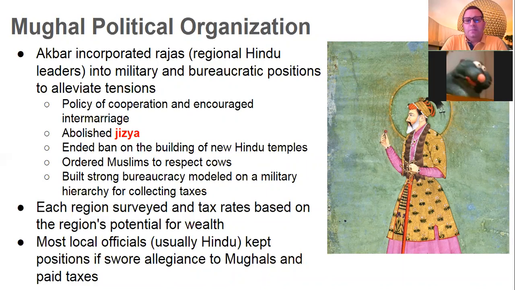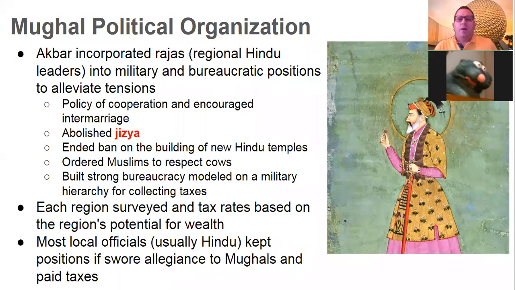He allowed them to build new temples because he thought at some point they wouldn't be necessary. And then, interestingly enough, and no, that is not a typo, he ordered the Muslims to respect cows. If you know anything about Hindus, you know that by and large, they are mostly vegetarians. They have a great deal of respect for cows, and so they don't kill cows for beef.